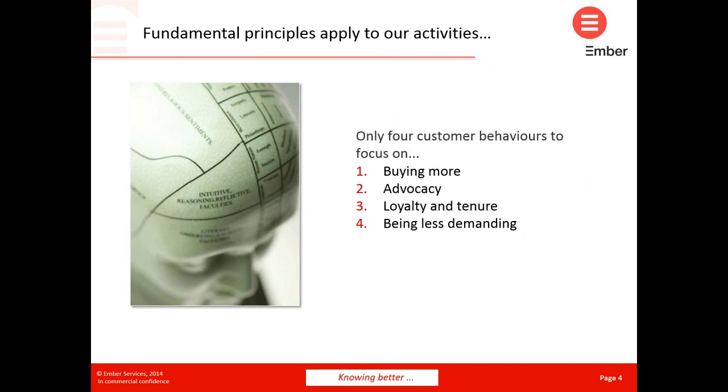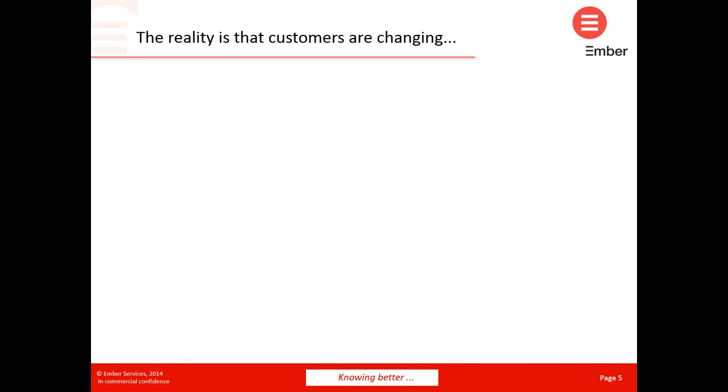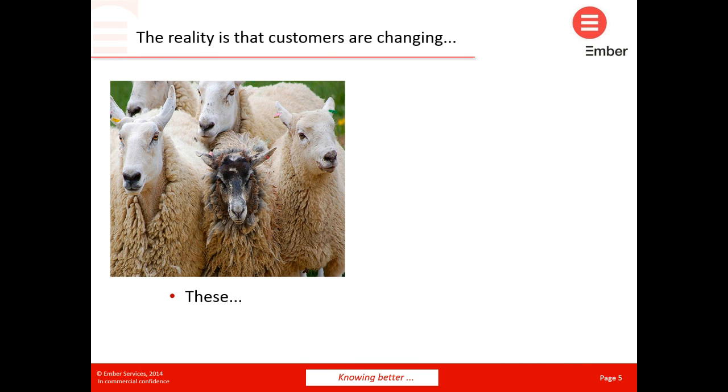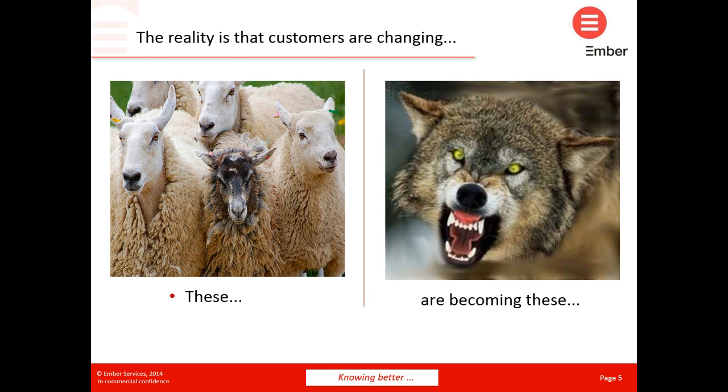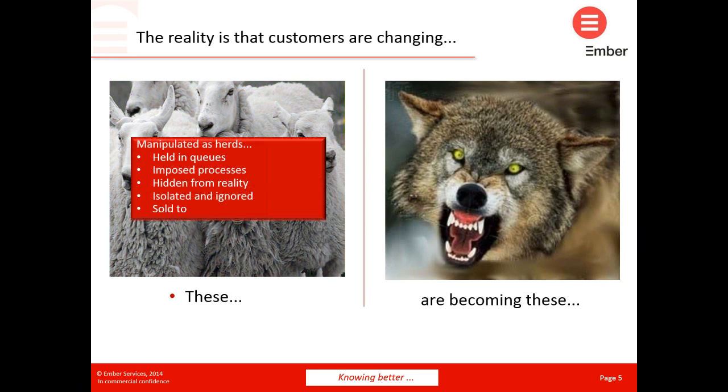So that's the kind of industry we're in, that's the kind of customer behaviour we're looking to influence. But the reality, and I think we are all beginning to accept it, is that our customers' behaviour is changing. Traditionally, they've been akin to sheep. We've imposed queues on them.